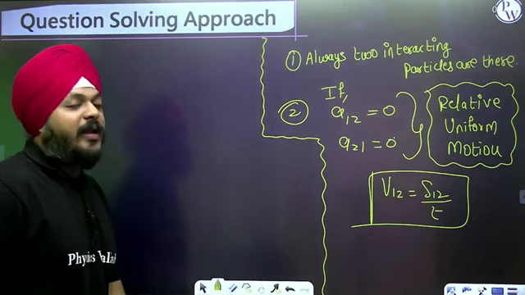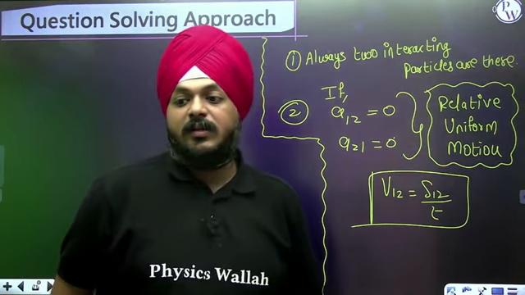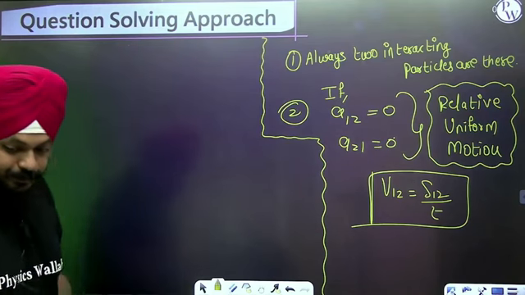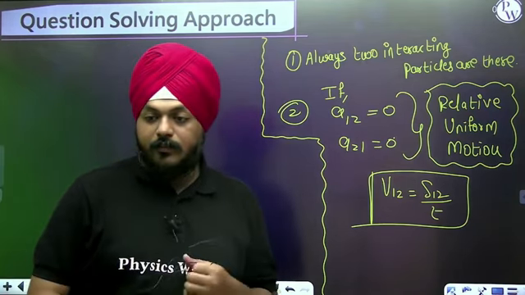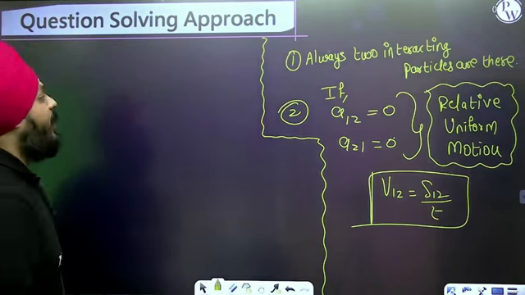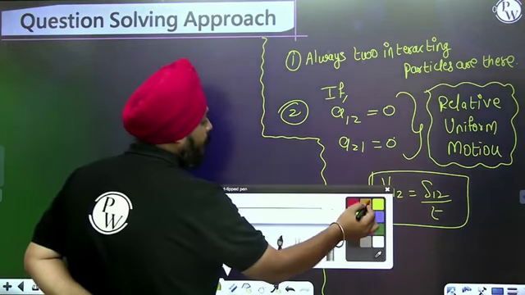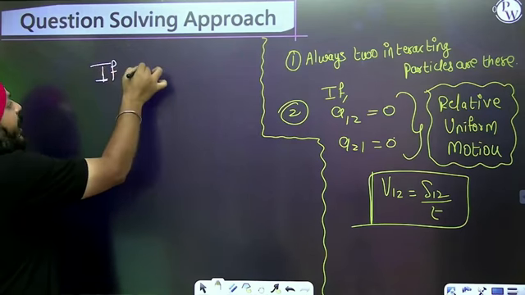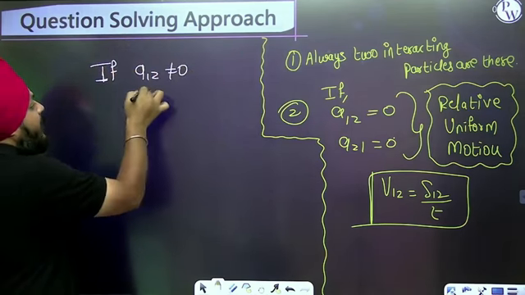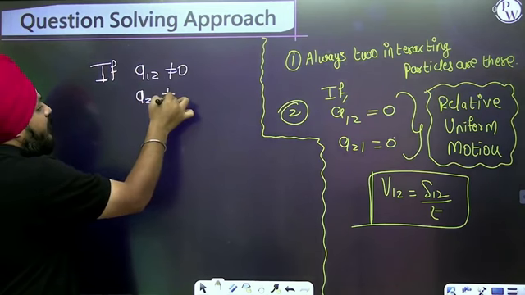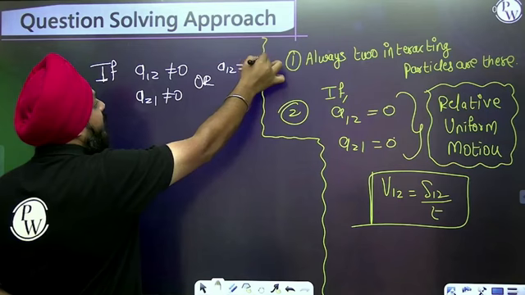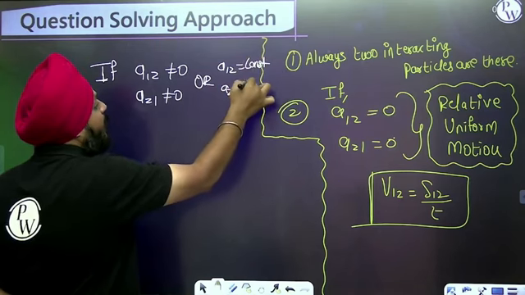Any two interacting particles: V12 is equal to S12 by T. Suppose A12 is not equal to 0, that is, A of 2 with respect to 1 is not equal to 0, or A12 is equal to constant, or A21 is equal to constant.